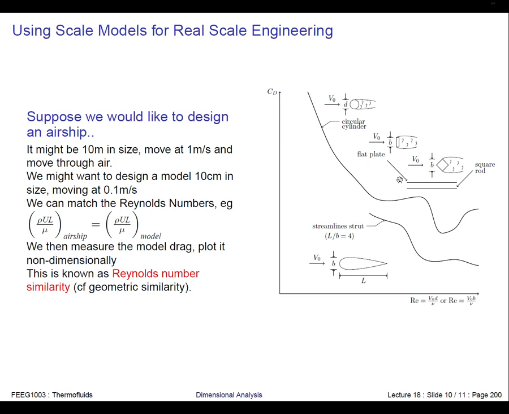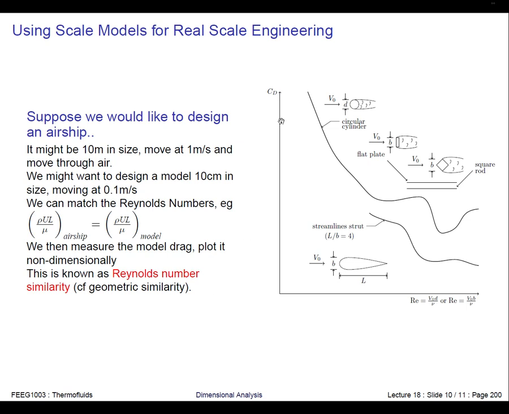Okay, so when you read textbooks on fluid mechanics, you'll see lots of plots that are non-dimensional. So if I do a model of something in a water tunnel at a certain Reynolds number and I measure the drag, I can plot my non-dimensional results like this, and then somebody can come along who wanted to build an airship.